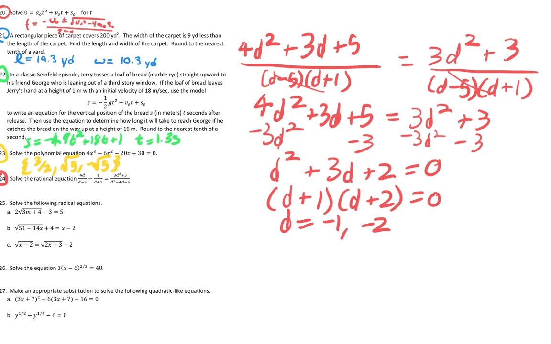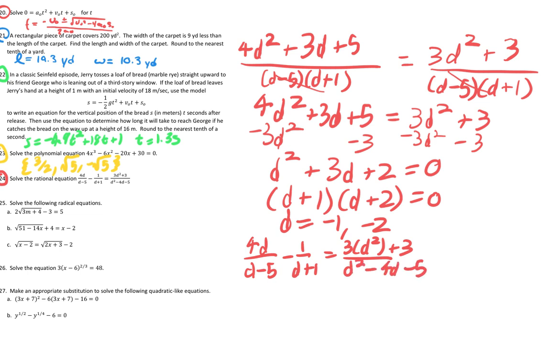So go back to our original equation of 4d over d minus 5 minus 1 over d plus 1 is equal to 3d squared plus 3 over d squared minus 4d minus 5. So I'm going to plug in -1.